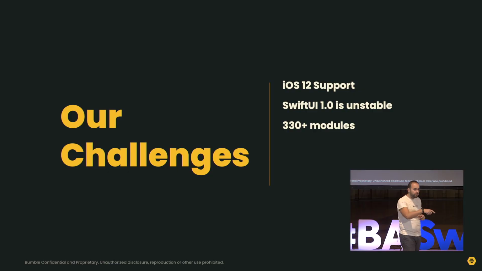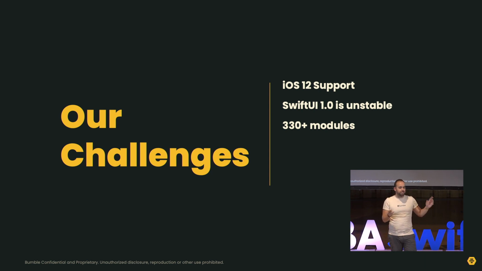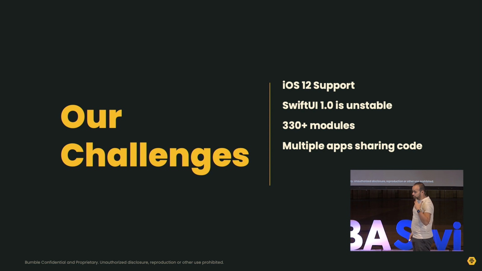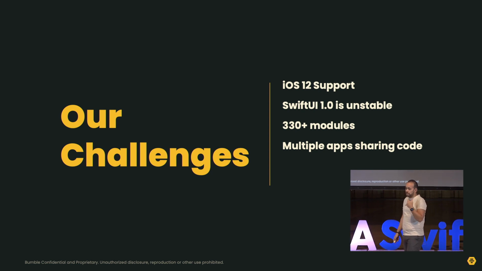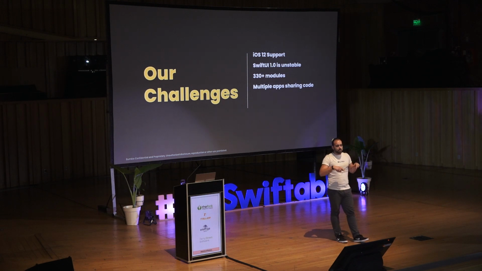So if I introduce SwiftUI in one of them, but one of the applications cannot access this code anymore, okay, I'm done because then this code is unusable for half of the company. I had to get a solution for that. And again, because we have multiple applications consuming, every code that I introduce should be very mindful, and I should be very mindful on how we do it.